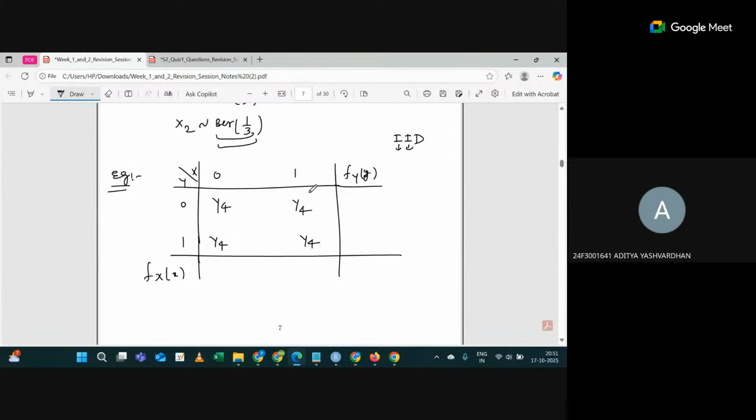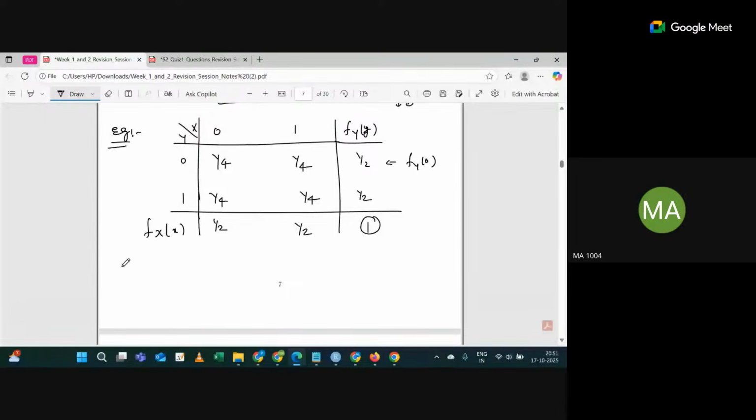What is the marginal of fy at 0? Half. This will be half, this will be half, and the grand total is 1. So let's check the joint probability. fxy of 0 comma 0 should be equal to fx of 0 into fy of 0.